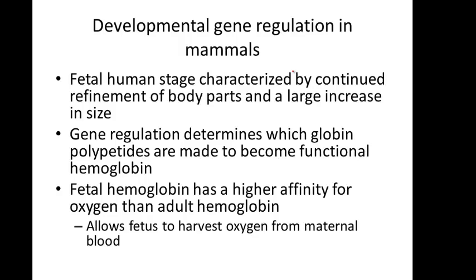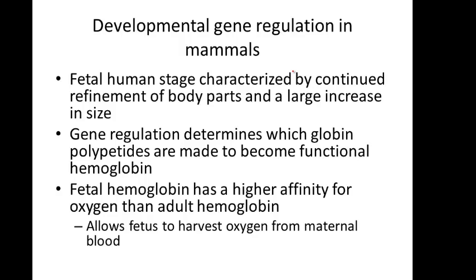And so developmental gene regulation in mammals is observed during the development of a fetus. We're constantly refining body parts. Body parts are constantly maturing. We're increasing in size. How does that happen? Well, gene regulation. A great example is seen in hemoglobin, which we know plays a role in transporting oxygen throughout an organism.